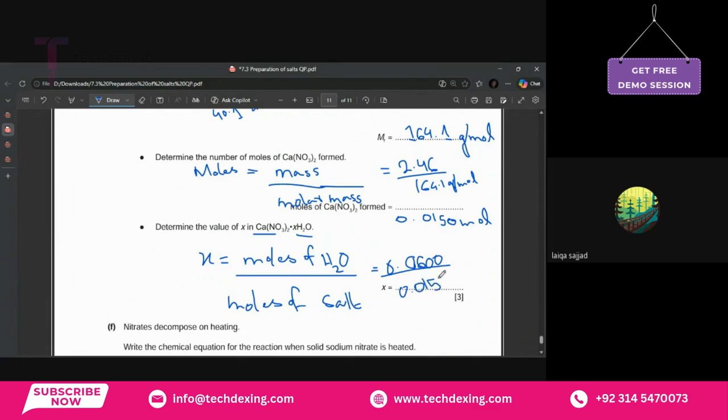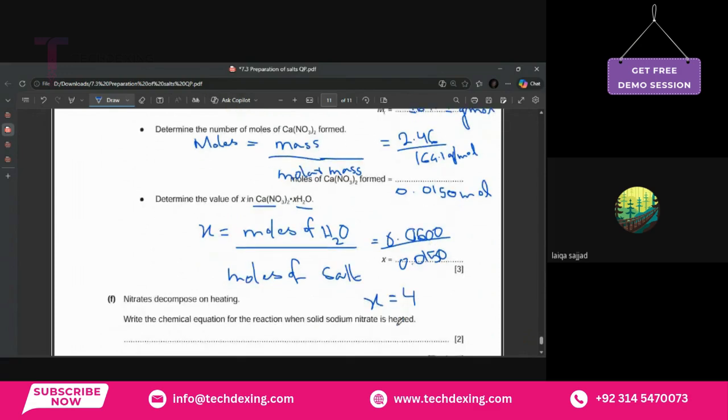When we divide them, we get x is equal to 4. So the value for x would be 4. It means that calcium nitrate consists of 4 water molecules. Is it clear? Yes, Miss, it's clear.